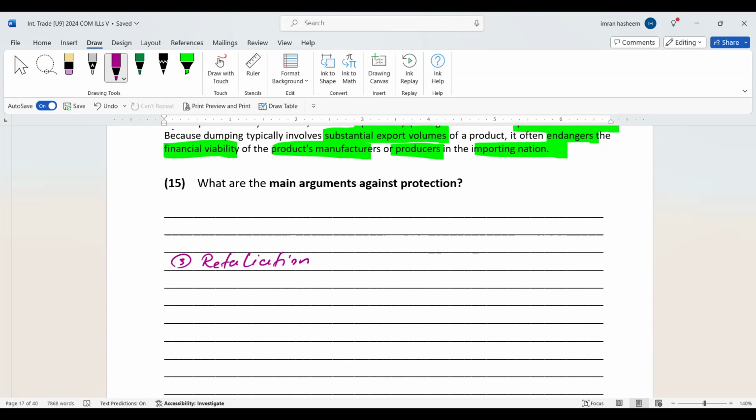Disincentive towards competition and dynamic innovation.